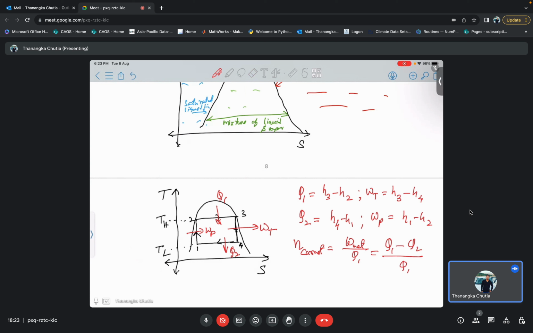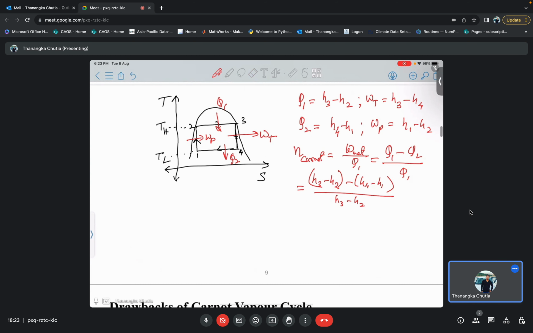Now you put all these terms here: H3 minus H2 minus H4 minus H1, divided by H3 minus H2. So then you will get 1 minus H4 minus H1 divided by H3 minus H2. That will be nothing but 1 minus Q2 by Q1.